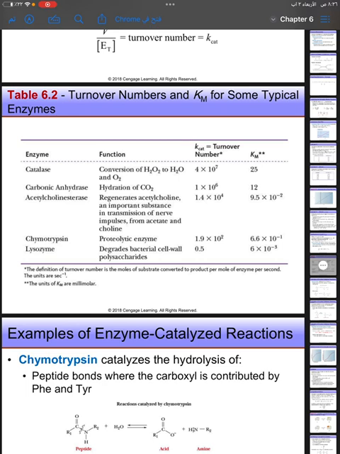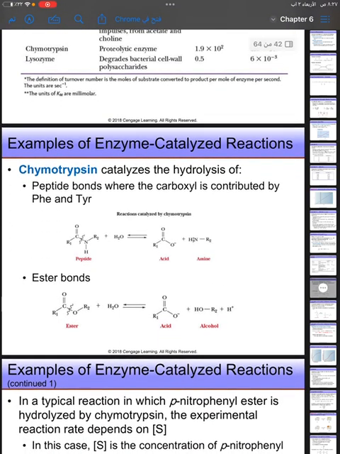Now you could have one here that has a Vmax value, but they are interested in the Kcat number much more than the Vmax of these enzymes. Now chymotrypsin, as an example, is a protease enzyme, belonging to a group of proteases, which are all the enzymes that break down proteins. And it is a hydrolyzing enzyme, meaning that it requires water in order to conduct the reaction.